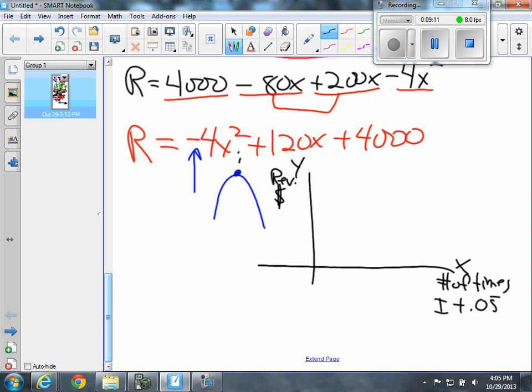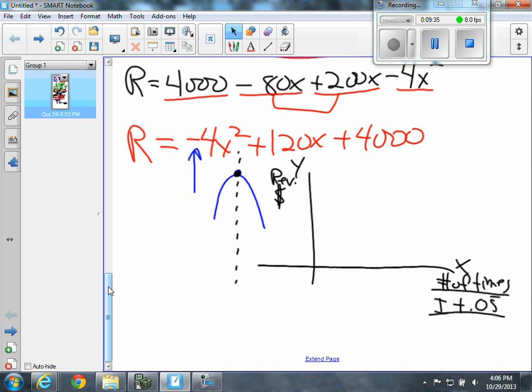Well, I know I'm going to have a parabola of some sort, and I know that a parabola has an axis of symmetry, and that my vertex of the parabola is the maximum value if the parabola opens downward. So I need to find the x value, which will give me the number of times I increase the price by 0.05. I need to find the axis of symmetry.